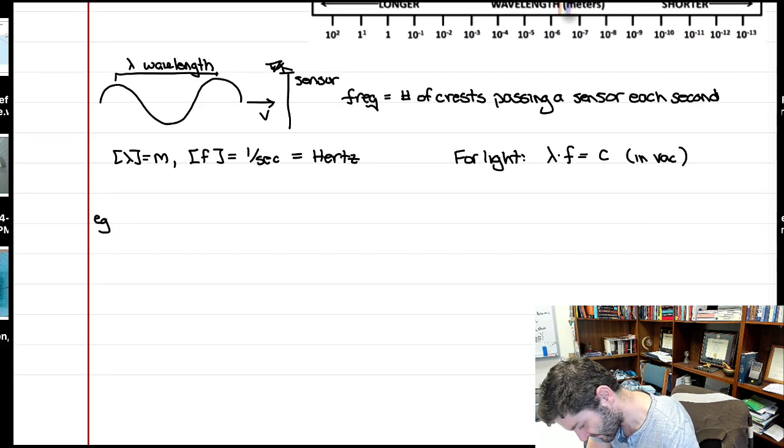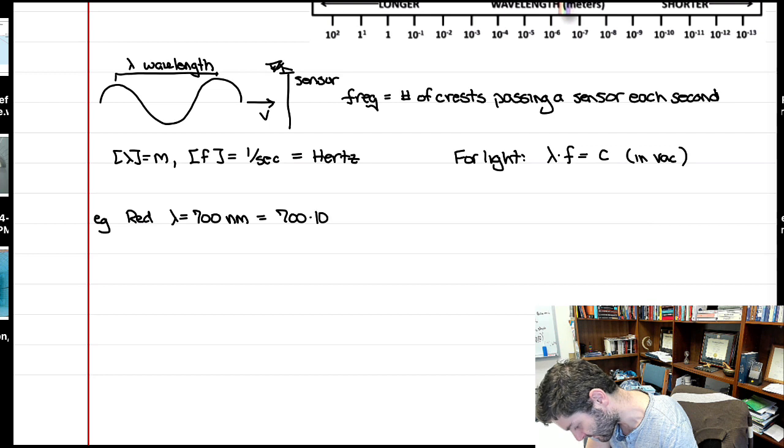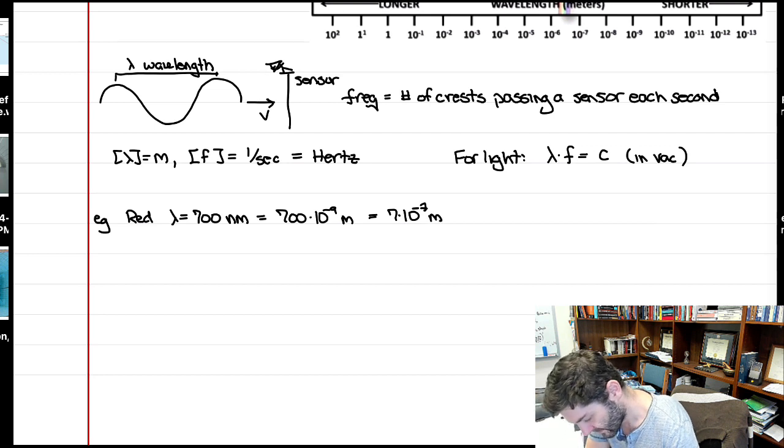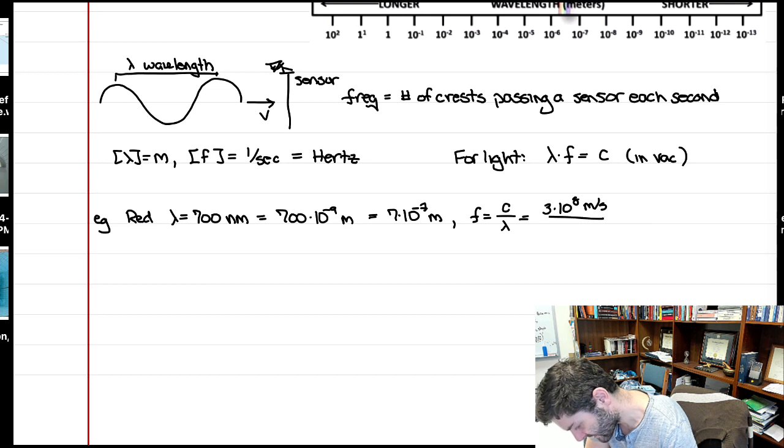So, for example, red light has a wavelength of 700 nanometers, or 700 times 10 to the minus 9 meters, or 7 times 10 to the negative 7 meters. And I know that the frequency is the speed of light divided by the wavelength. So that is 3 times 10 to the 8 meters per second divided by 7 times 10 to the minus 7 meters.